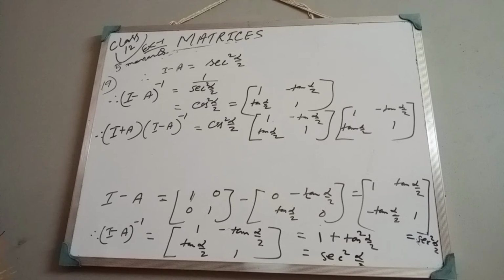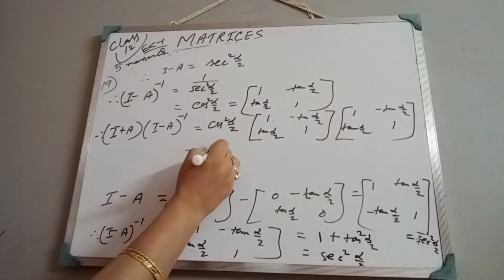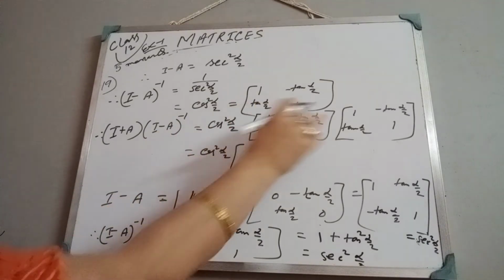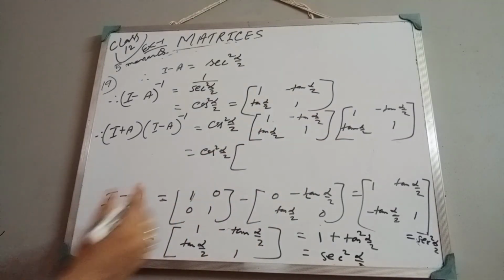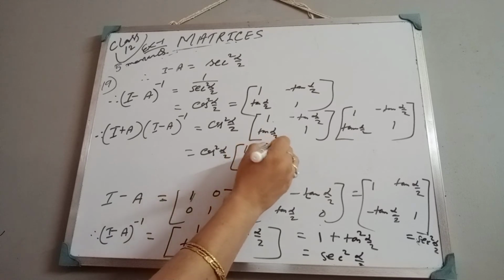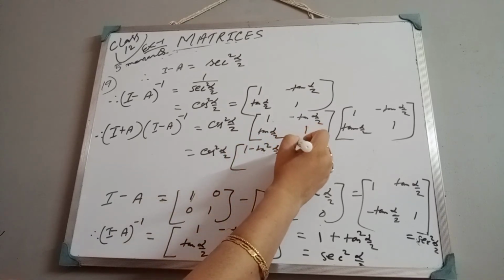Okay, now we will multiply this. So it is coming cos square alpha by 2, and first row first column, we will get 1 minus tan square alpha by 2.